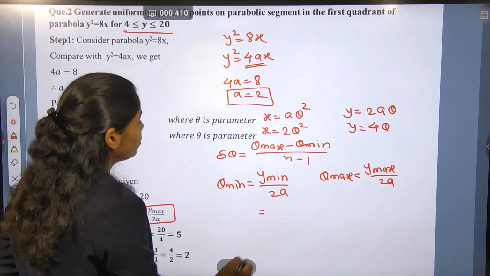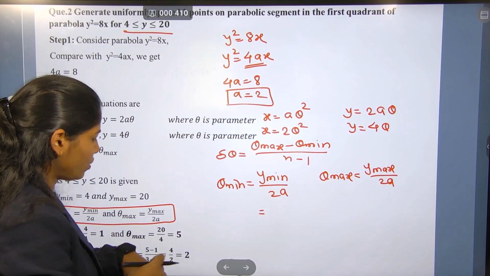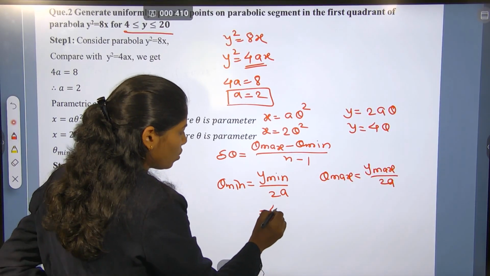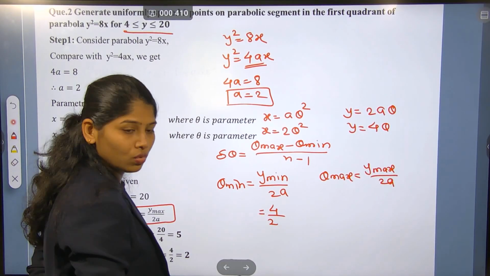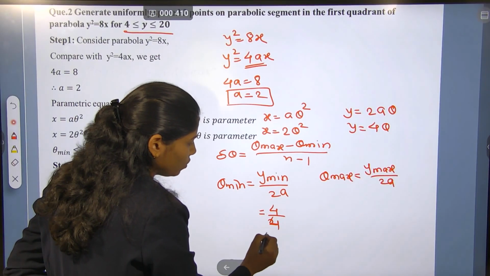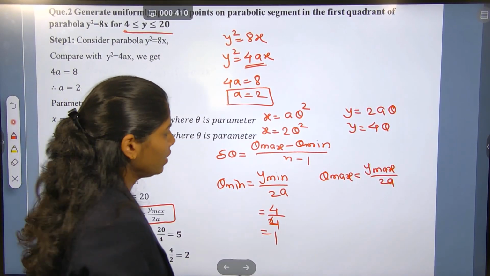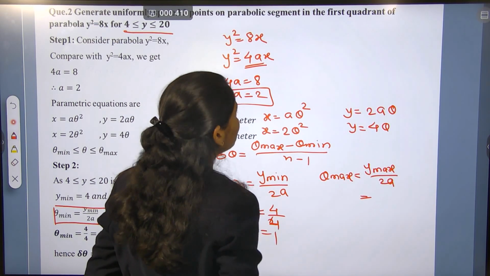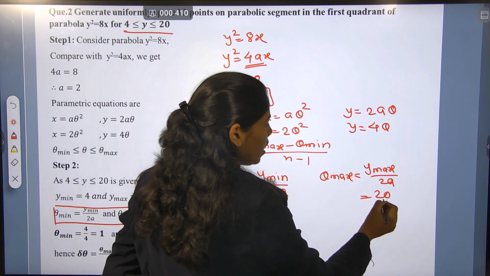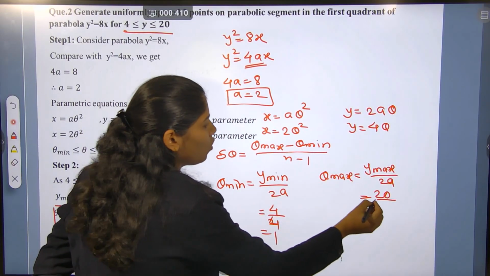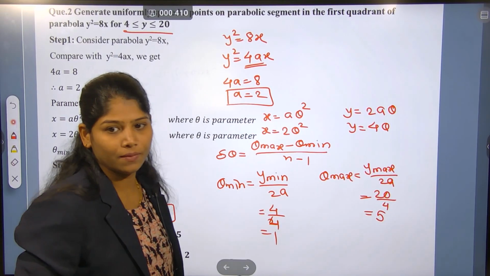So put here the values. The value of y minimum is 4. So write down here 4 upon 2 into a. The value of a is 2, so 2 into 2, 4. 4 upon 4, we get theta minimum as 1. Then find out theta max. Here the value of y max is 20 upon 2a, 2 into 2, 4. So we get theta max as 5.